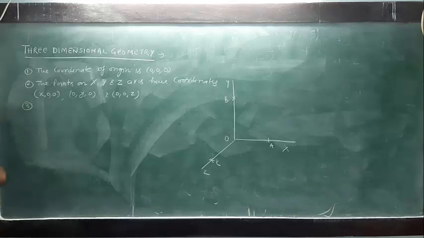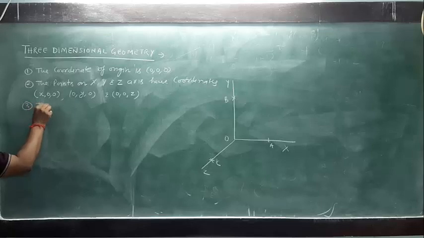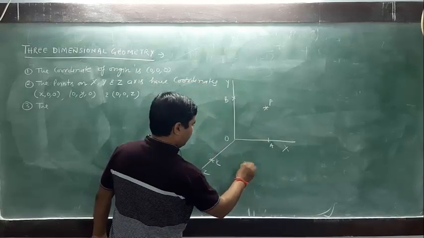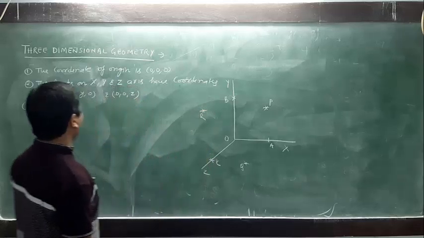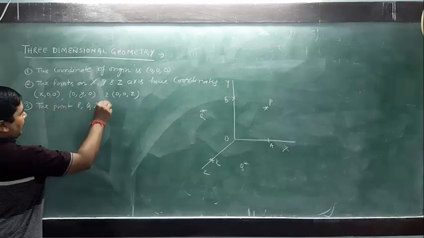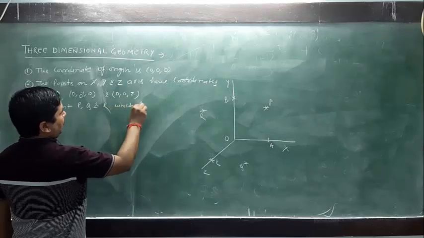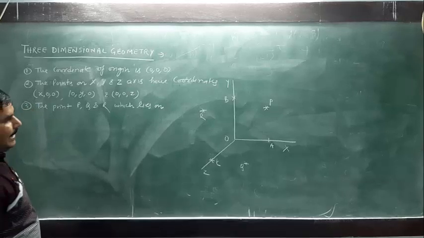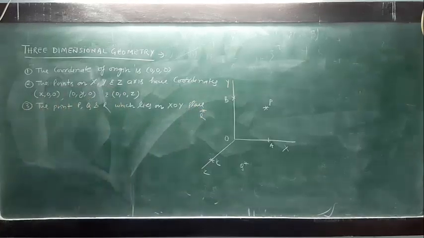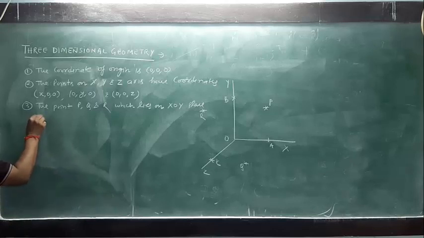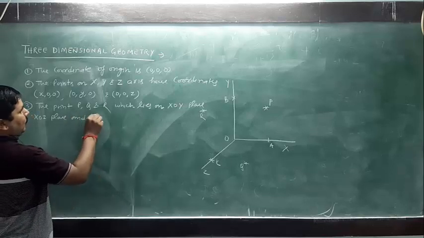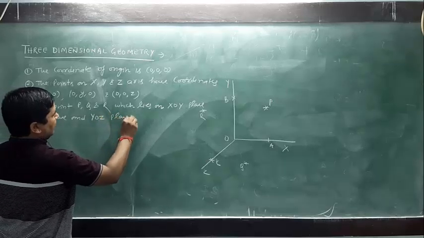Number 3, the points P, Q, R, which lie on XY plane, XOY plane, XZ plane, XOZ plane, and YOZ plane.